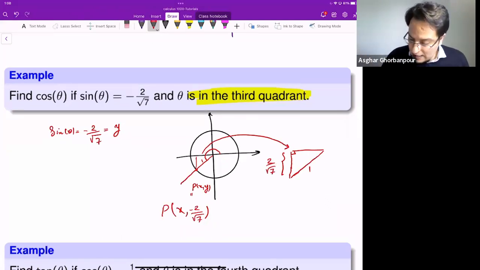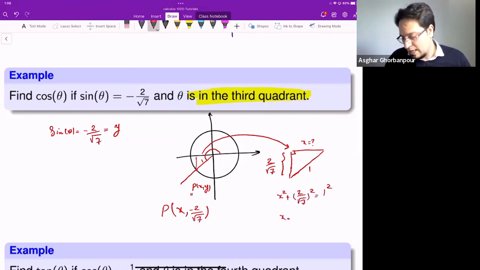What would this side be? Well, I can use the Pythagorean theorem. So x squared plus (2 over √7) squared is equal to 1 squared. That means that x is either plus or minus the square root of 1 minus 4 over 7, since 2 squared is 4 and √7 squared is 7.